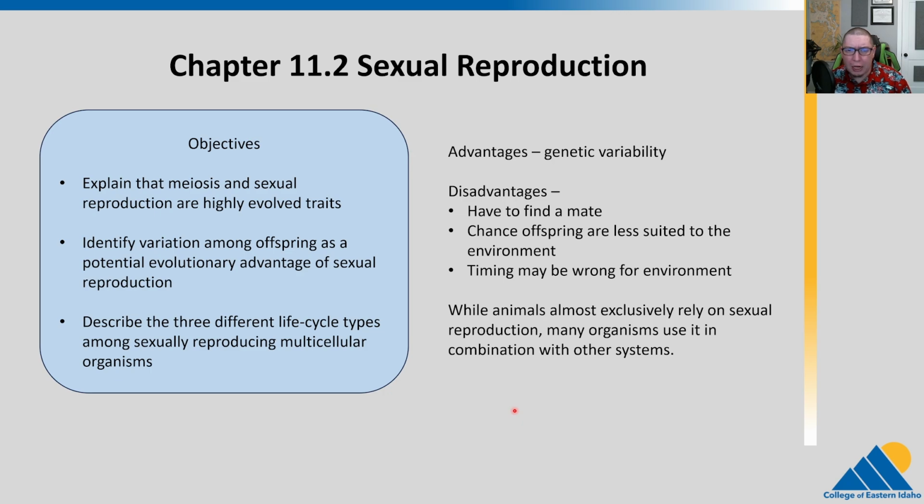So when we look at animals, at least mammals, chordates as well, things with a backbone and a spinal cord, we're almost entirely seeing sexual reproduction. Many other organism groups, though, use a combination of sexual reproduction with other possible systems. So the animal system is what we tend to think of, but there are more possibilities out there.